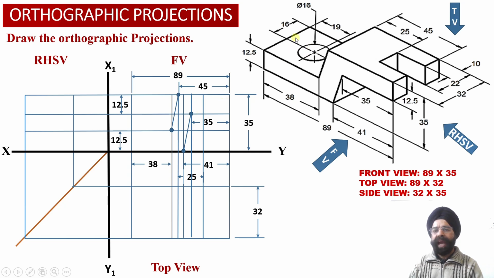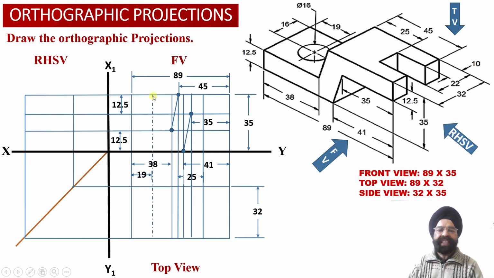Now we also know that the horizontal web, which is our element number 1, lying at the base of the solid, is carrying a circular hole. So now we have to locate the center point corresponding to the circular hole, and we know that the center of the circle is located at a distance of 19 millimeter from the left hand side face of the solid.